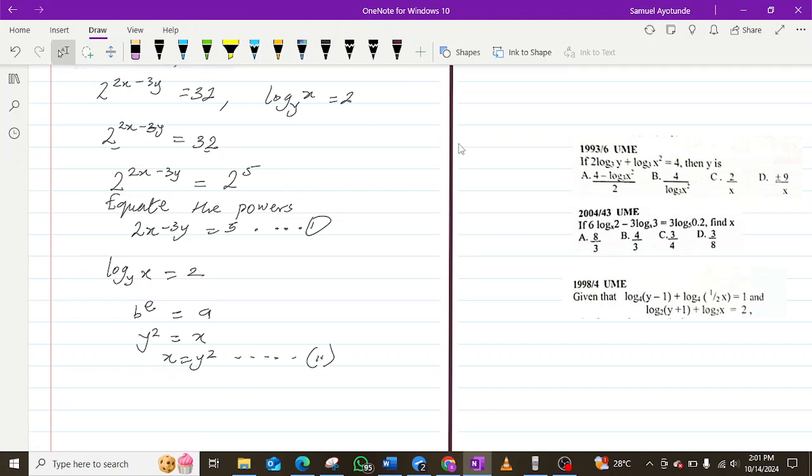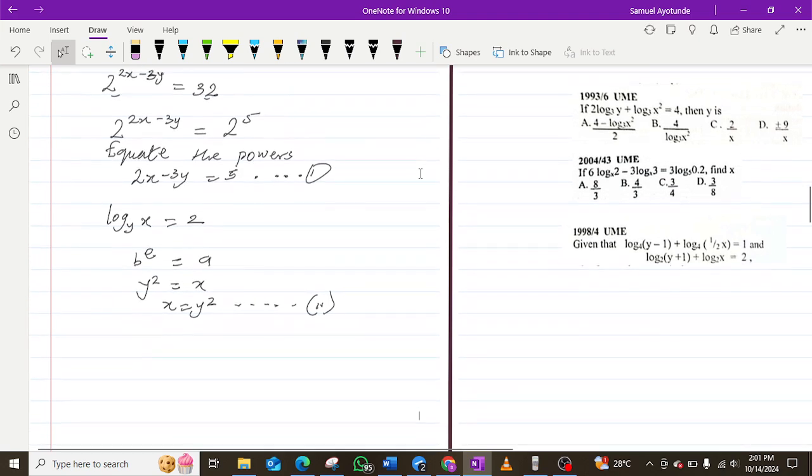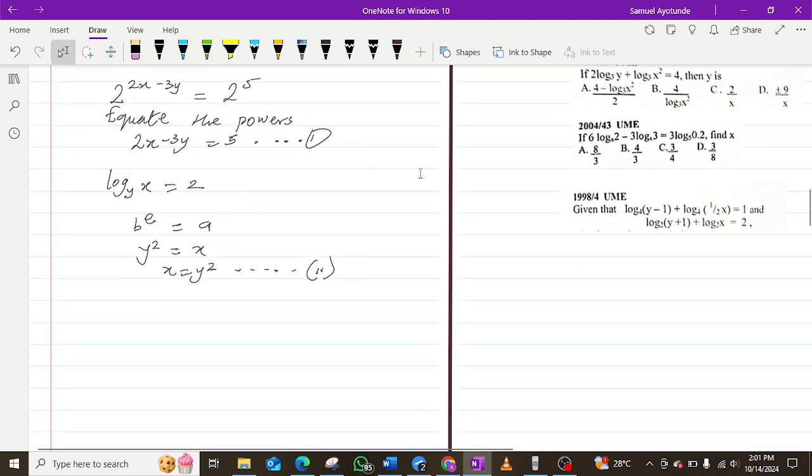So we then have simultaneous equations, and this simultaneous equation is one linear, one quadratic. So equation 1 is 2x minus 3y equals 5, and equation 2 is x is equal to y squared.